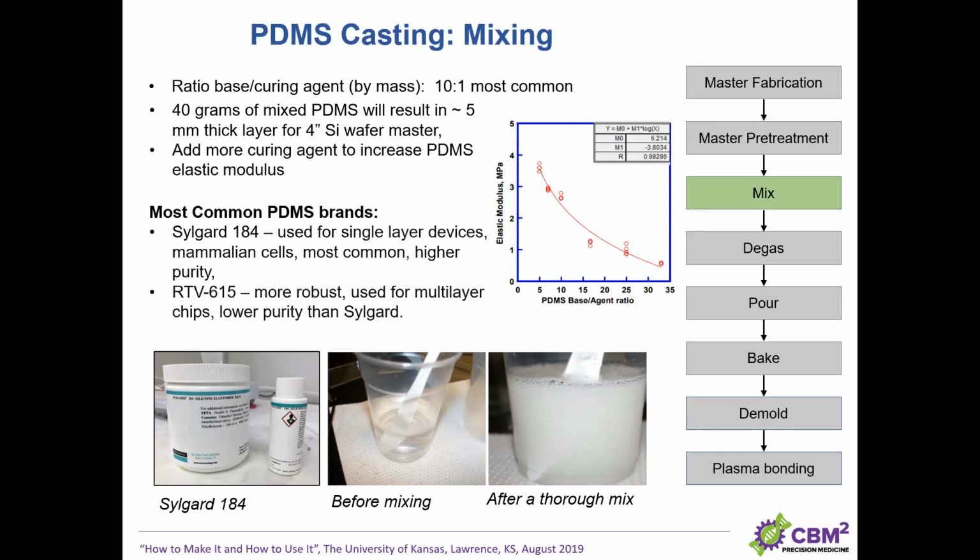So you take your base and the hardener, and you mix them at a 10:1 ratio. You do really, really good mixing, and during mixing you introduce a lot of air bubbles.